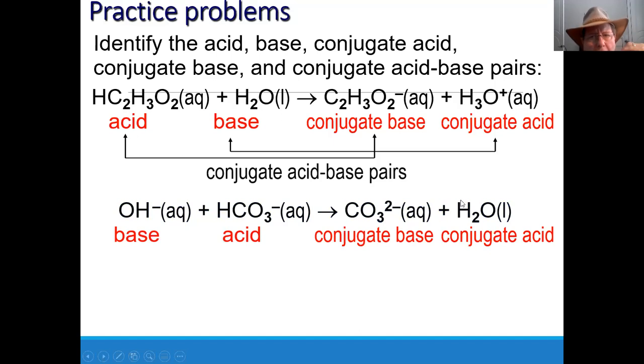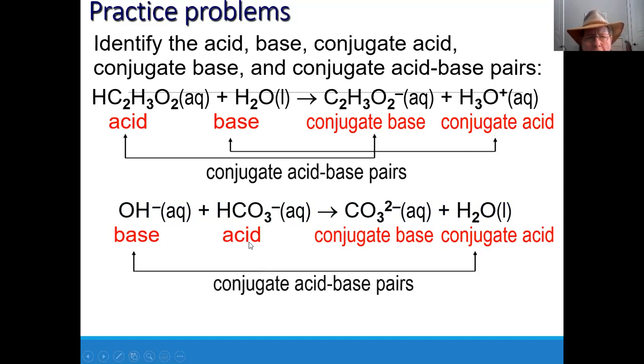The H2O can donate one of its protons to the CO3 2 minus to make it an acid. Linking the two pairs, I have the OH minus grabbing a hydrogen and the H2O donating it. So those two are linked as the original base and conjugate acid. My CO3 2 minus is the conjugate base. It can accept protons. My acid delivers them.